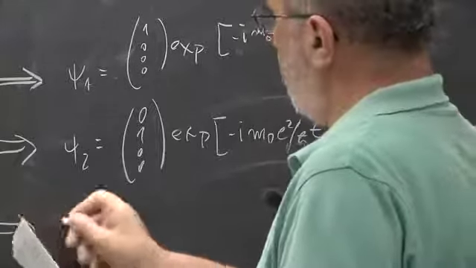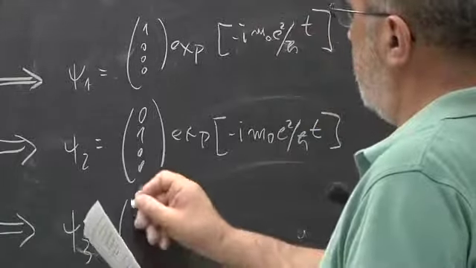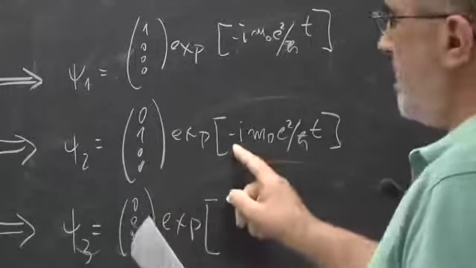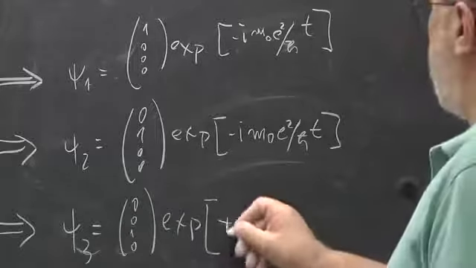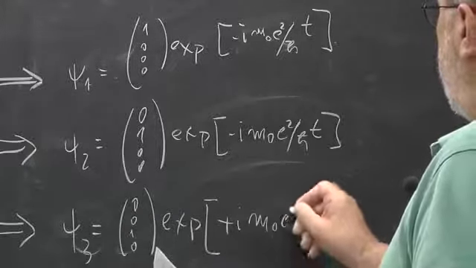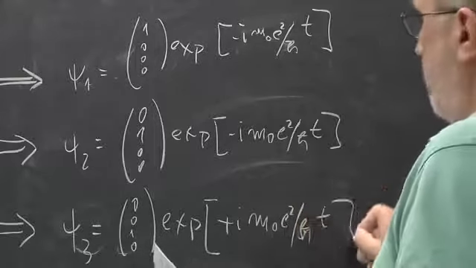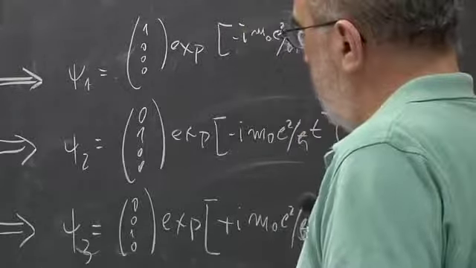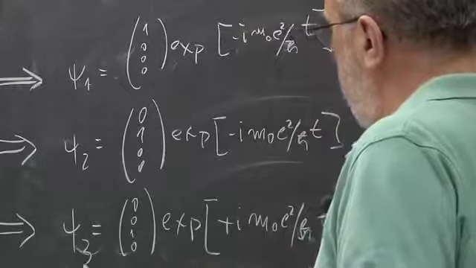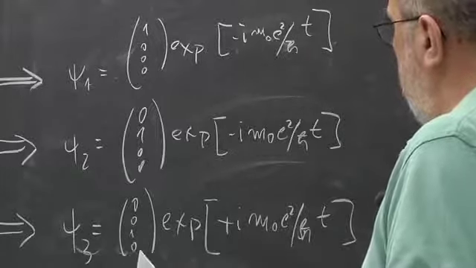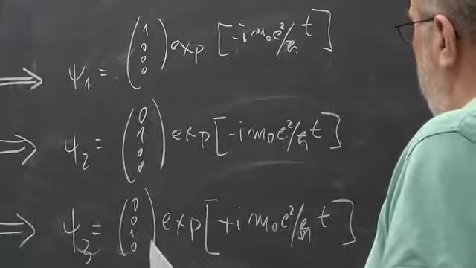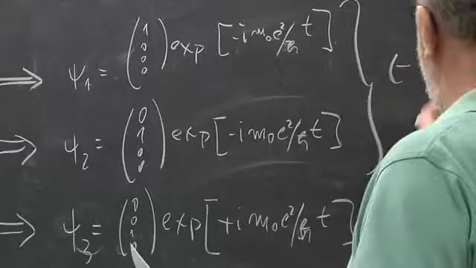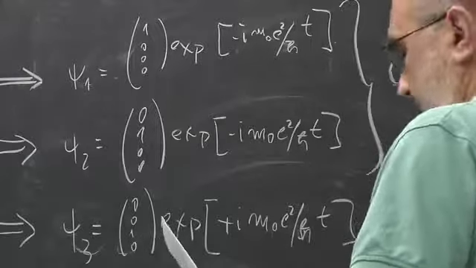The solution of psi3 is 0, 0, 1, 0, times exponential; now it changes sign because I have a minus, so I have plus i m0 c squared over ħ times t. And psi4 is 0, 0, 0, 1, times exponential of i m0 c squared over ħ times t. So you see two with the minus and two with the plus.